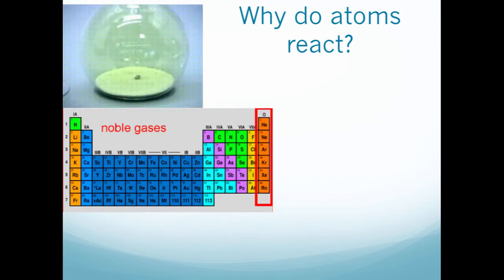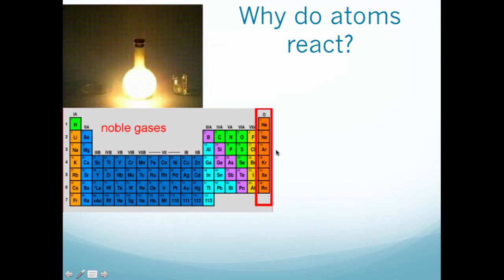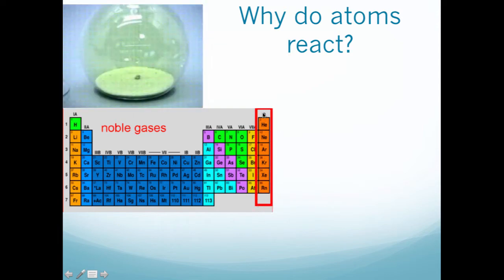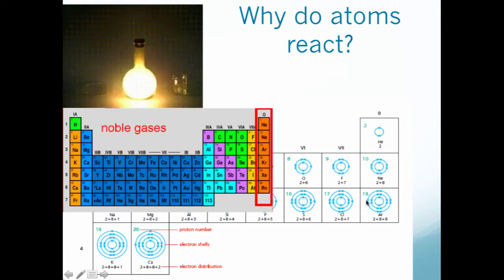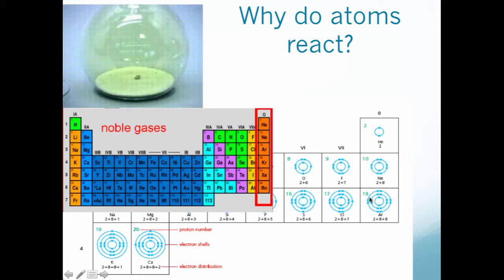Firstly, let's take a look at the atoms that do not react with the others. We call them noble gases, and they're on the right-hand side column of our periodic table. If we take a closer look at their electron arrangement, you can see that the outermost electrons, their valence electrons, are filled up to the maximum.